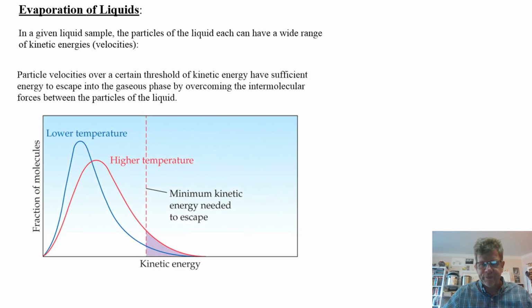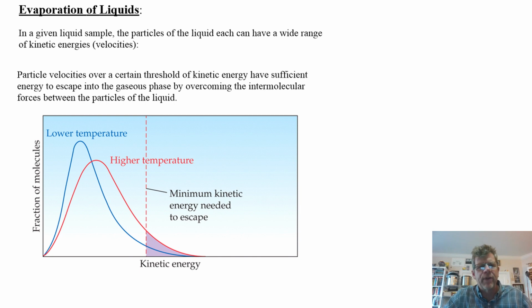A higher kinetic energy means a higher velocity for that particular particle. So we're going to look at evaporation from the concept of the movement of the particles. In any liquid sample, some of those particles are really zipping around, and some of them are not moving very fast at all. There is a wide spectrum of different velocities.